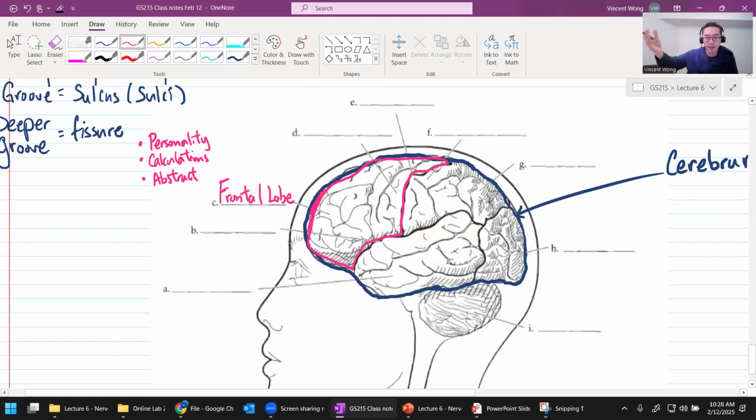And we understand that, like future, past. That's abstract stuff that's happening in the frontal lobe. Voluntary movements, speech, all this stuff happens in the frontal lobe, which is right here, at the front.